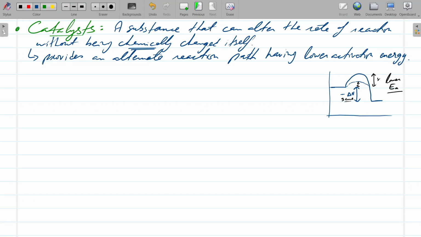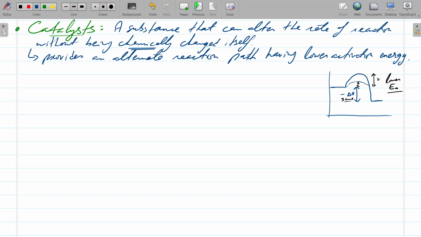Before going into the example, just to clarify, the catalyst is not increasing the number of successful collisions. So I should rephrase.